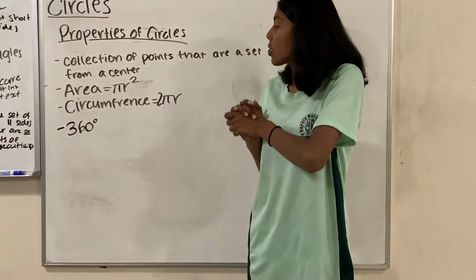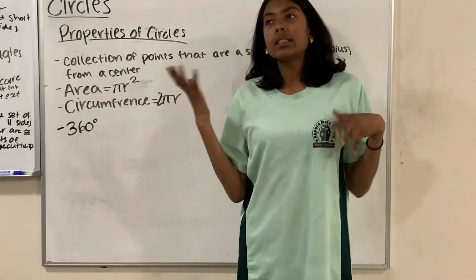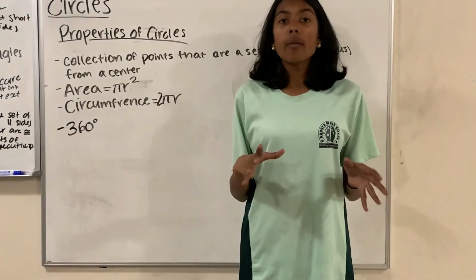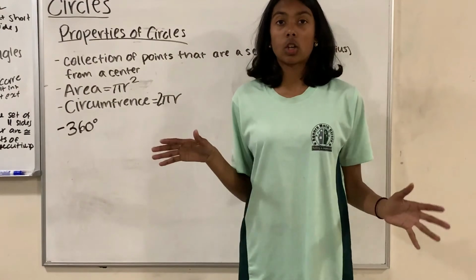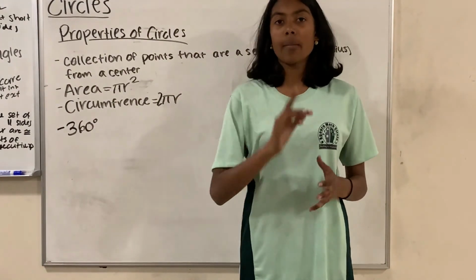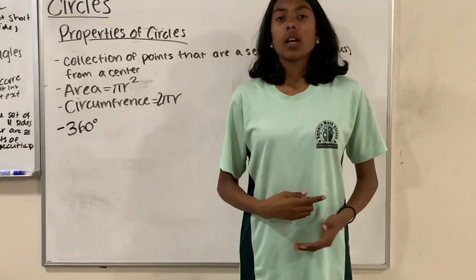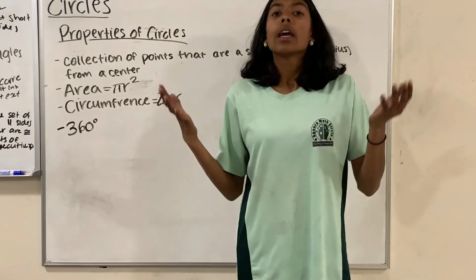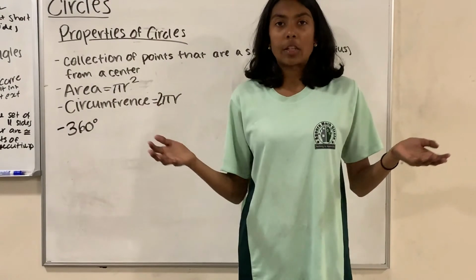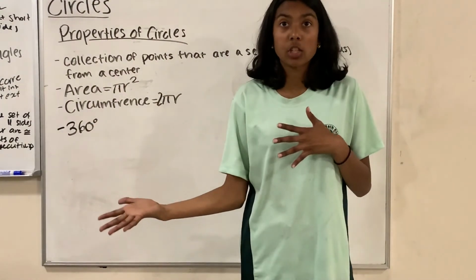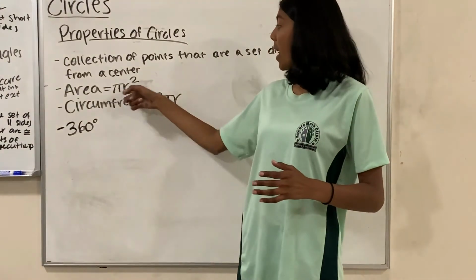And then the circumference is 2 pi r. I sometimes confuse them, so here's how I remember it. Circumference is the perimeter of a circle, meaning it's going to be 1 dimension. So for this, it's just 1 arm. And then for area, it's going to be 2 dimensions. It's going to be length and width, because that's normal 2-dimensional things. So it's going to be pi r squared.